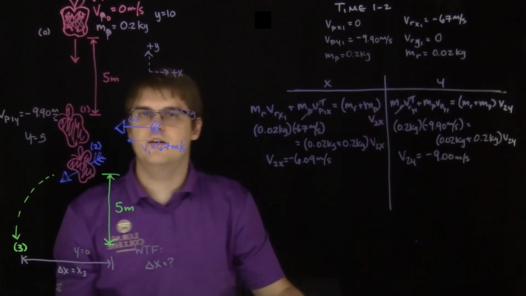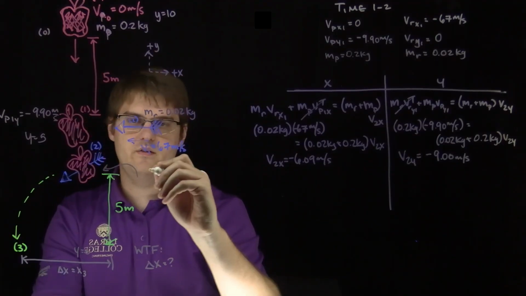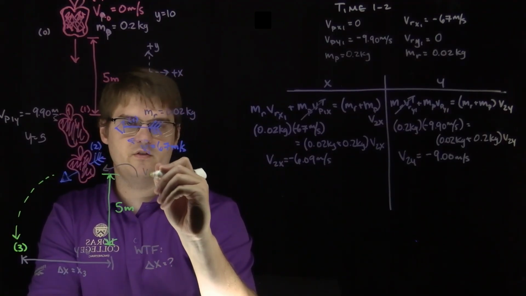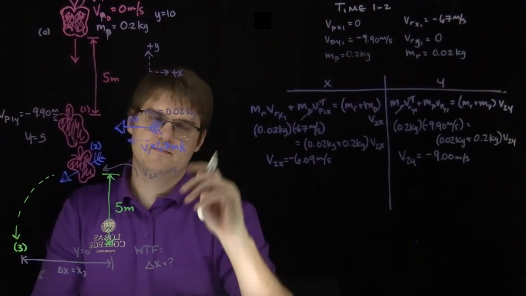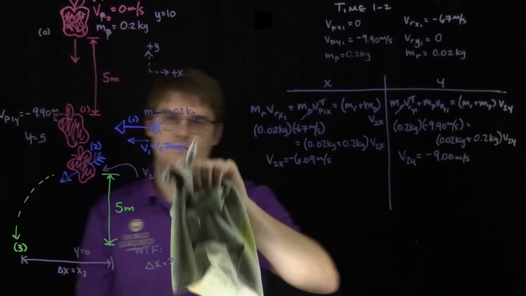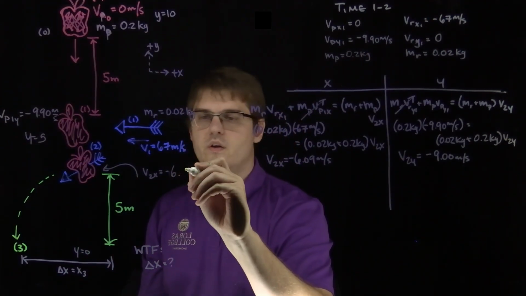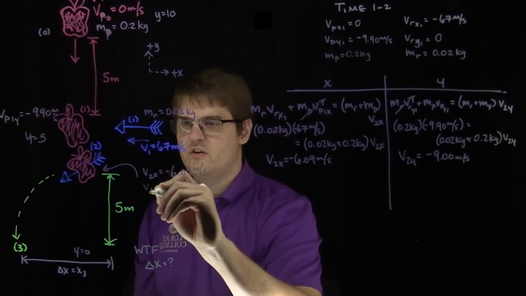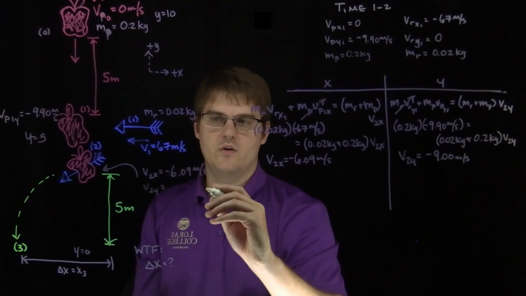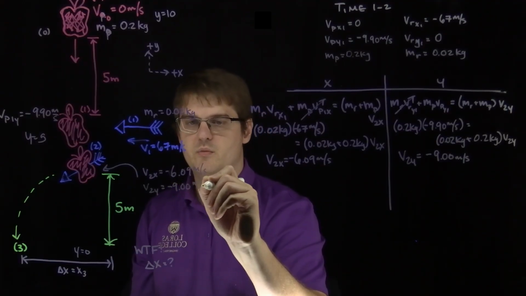So I can add a little bit of a note to this point and say that my velocity 2 in the x is equal to negative 6. That's not a 6. Negative 6.09 meters per second. My velocity 2 in the y is going to be negative 9.00 meters per second.